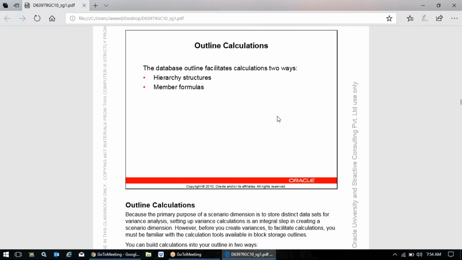Subtract is allowed. Addition is allowed. What I was trying to say is you'll use subtract or addition most of the time in the accounts dimension. Otherwise, it's just addition. The values roll up to the parent.